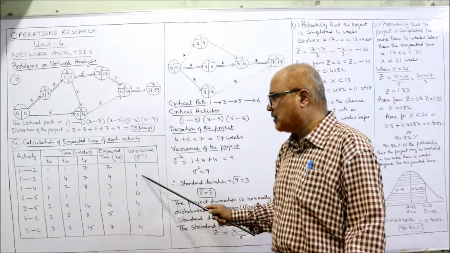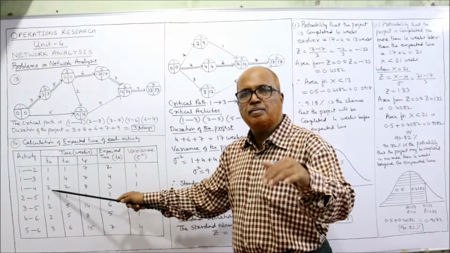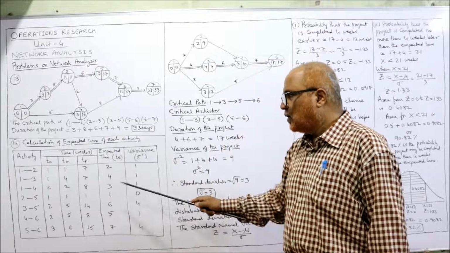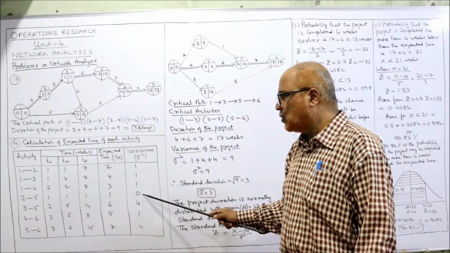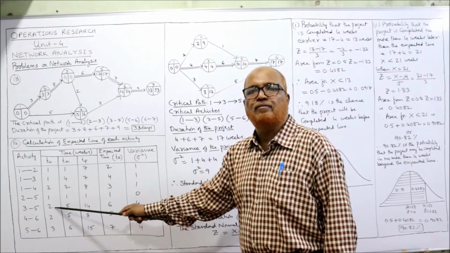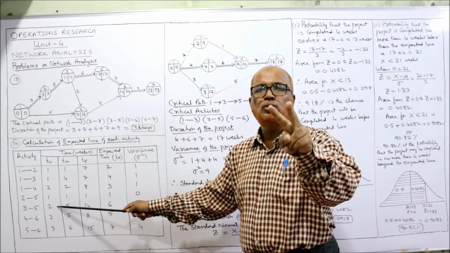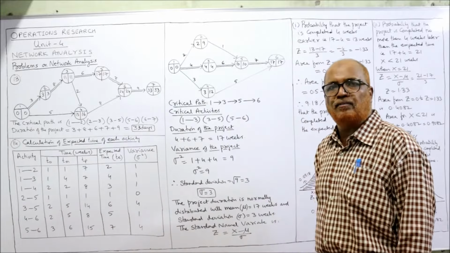Square of 1 is 1. 8 minus 2 is 6. 6 by 6 is 1. 1 square is 1. 1 minus 1 is 0. 0 square is 0 only. 14 minus 2 is 12. 12 divided by 6 is 2. Square of 2 is 4. Like this, we have calculated the variance.